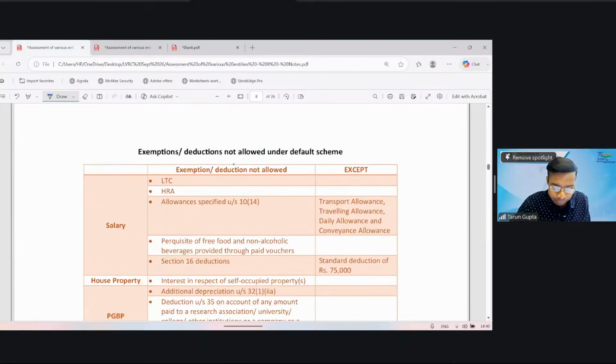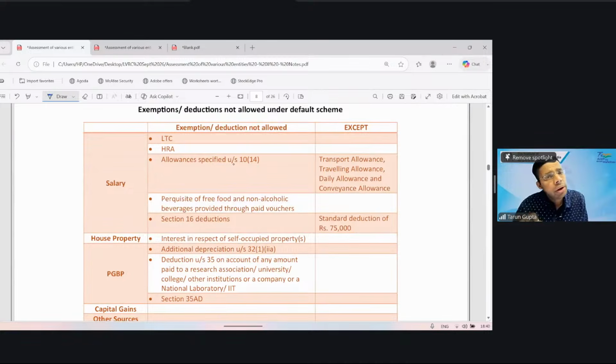So this is a small chart which will help you to remember what all exemptions and deductions are not allowed under the new regime, which are otherwise allowed under the old regime. We have prepared this chart on the basis of head of income. Under the head salary, under the old regime, there is LTC, which is not allowed under the new regime. HRA is not allowed under the new regime.